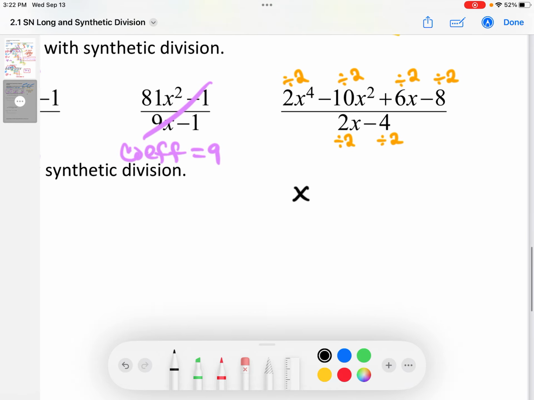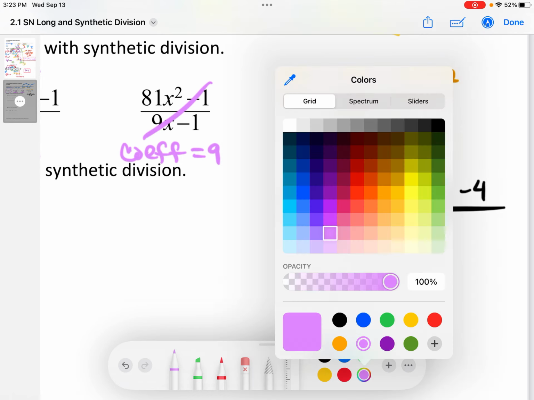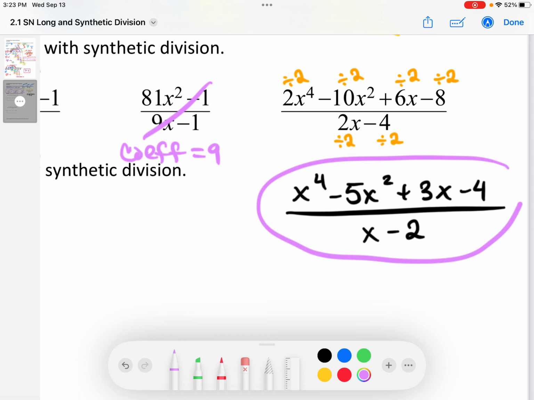So if we have x to the 4th minus 5x squared plus 3x minus 4 all over x minus 2, then yes, we can do synthetic division here. So it's worth looking at your factors, seeing if something will factor out.